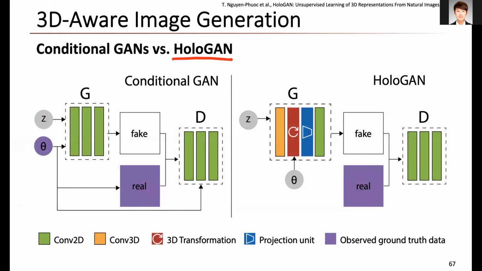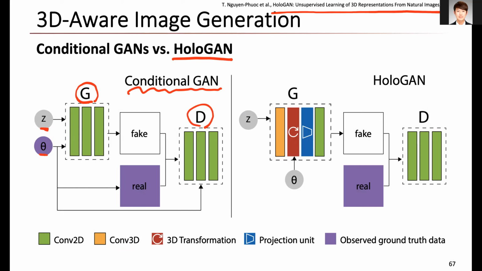Okay, let's go back to the conditional GAN. The conditional GAN consists of a generator and a discriminator. The generator just takes a latent vector z, and if we want to let the 2D generator know the camera pose theta, maybe we can just give it as a condition.